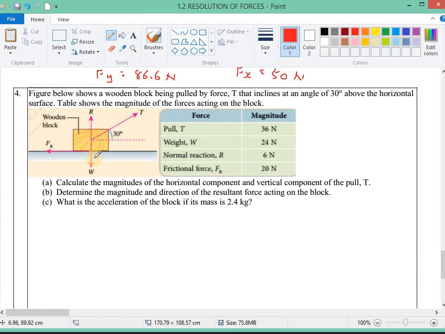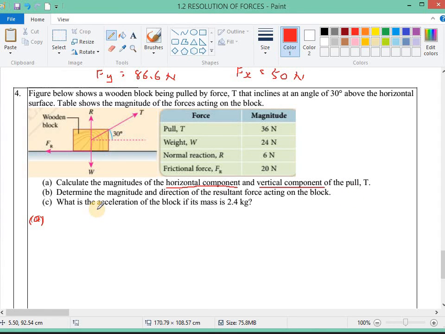Weight is 24 Newton. Normal reaction is 6. Friction 20. Okay, A. Calculate the magnitude of the horizontal component and vertical component of the pull T.